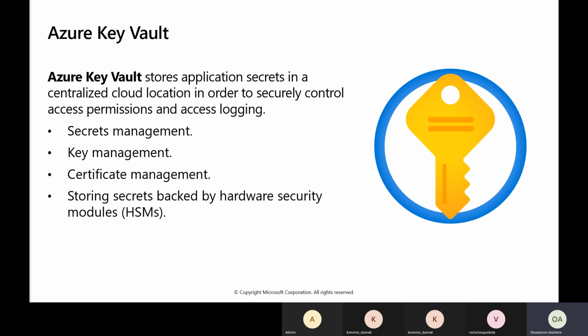We even have certificates too. In a situation whereby you're not just using secrets or keys but you're using a certificate, it also protects our certificate. How it protects a certificate is that the certificate usually requires a private key that is associated with the certificate, so it will help us protect that.